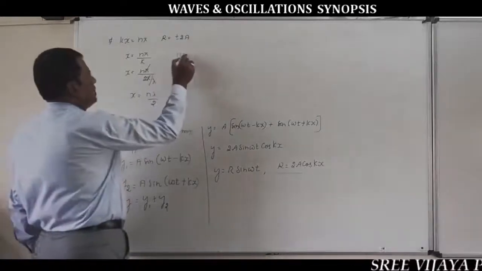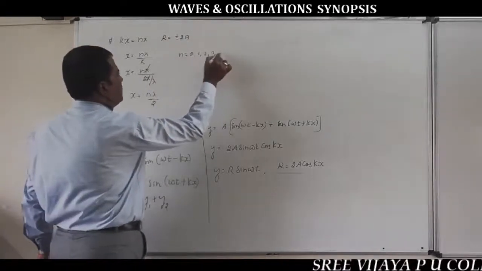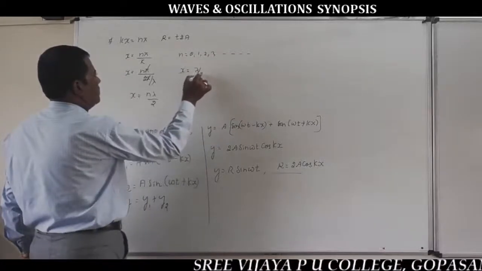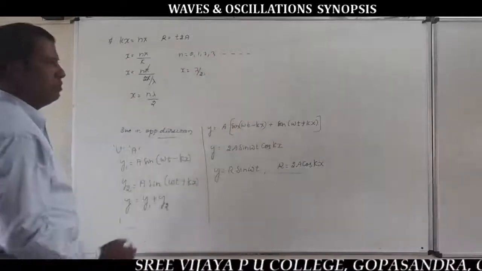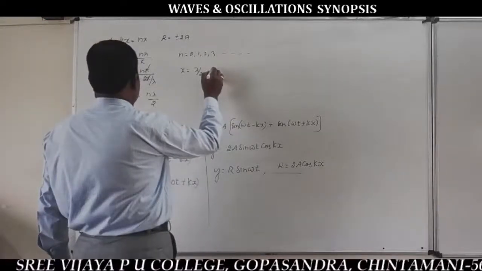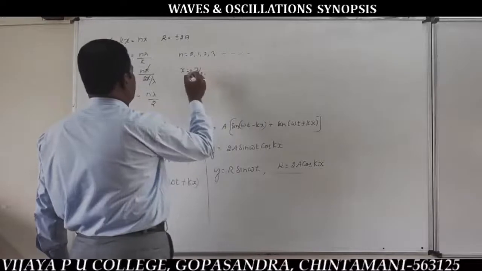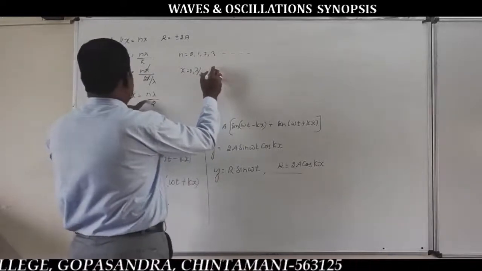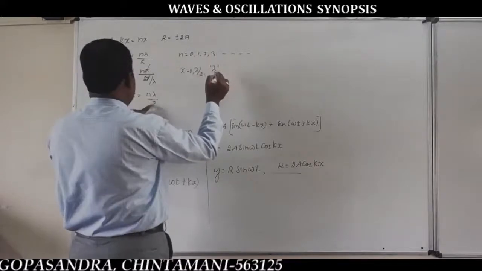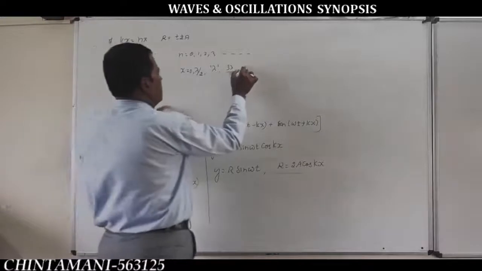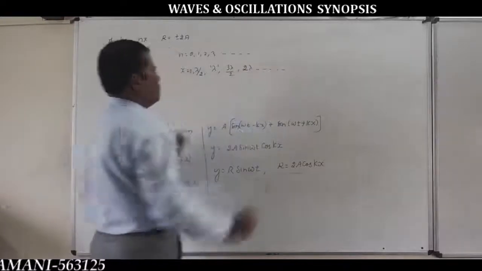So now n takes the value 0, 1, 2, 3 and so on. X is equal to lambda by 2. X is 0, lambda by 2. Next we get lambda, 3 lambda by 2. Next we get 2 lambda and so on.